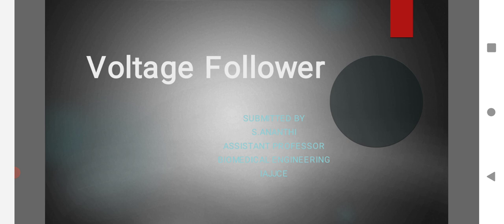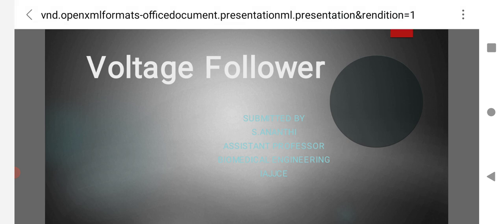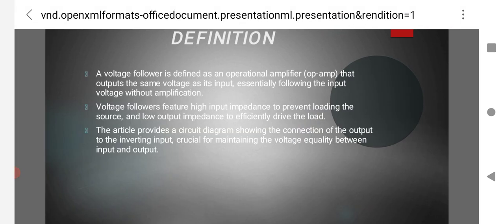Now I am going to present a topic on voltage follower. A voltage follower is an operational amplifier that outputs the same voltage as its input. It gives the output as its input. It essentially follows the input voltage without any amplification.